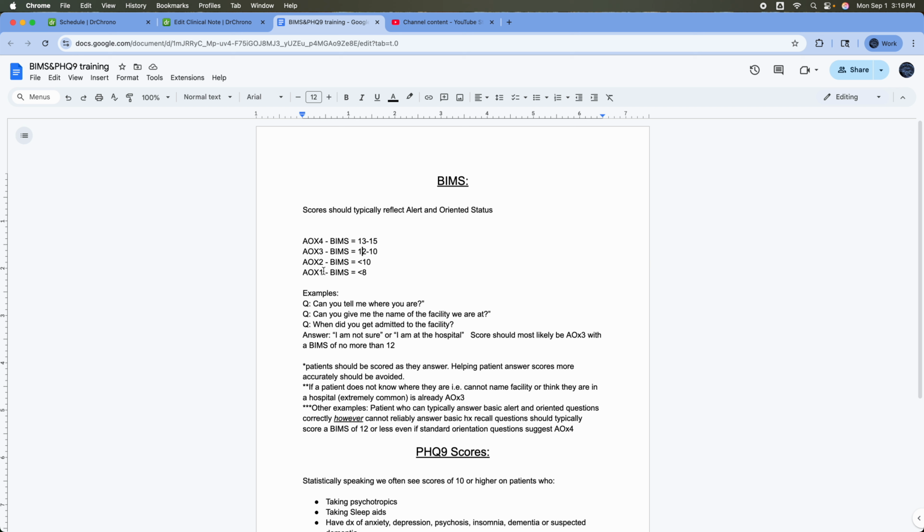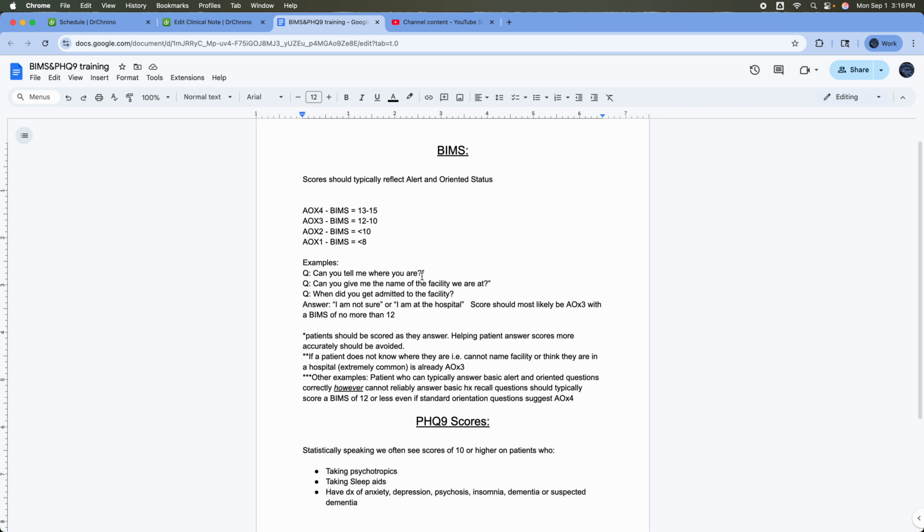A&O 1 and 2, again, you're looking at less than 10. A&O 1, you're looking at less than 8. Actually, probably more like less than 4. But again, you're the provider, you have to make these decisions. But when I'm in the patient's room and I'm interviewing them and assessing them and looking at the room, I'm listening to their answers.